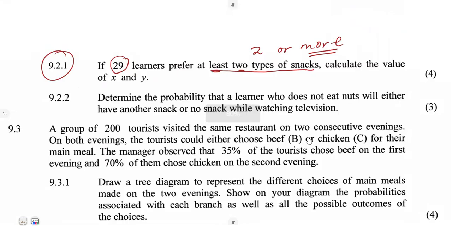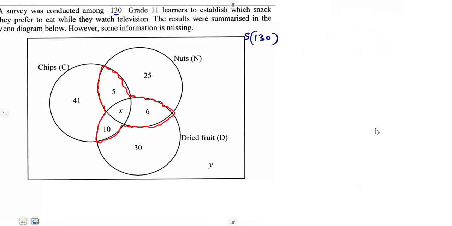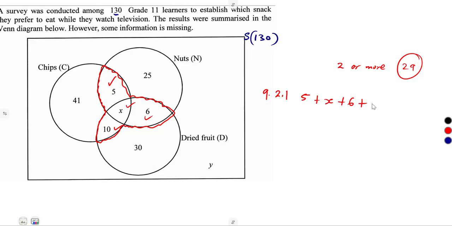So we can answer our question from there to find these values. Let me just answer 9.2.1 here. For 2 or more, their total is 29. So if I take this X, add this 5, add 6, and add this 10, that is where we get 2 or more. We are supposed to obtain a total of 29. Thus we have an equation: X plus 5 plus 6 plus 10, that is 21, is equal to 29.